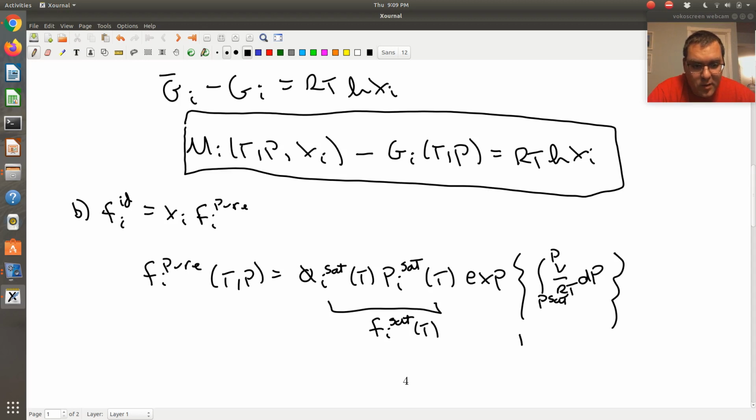This is my Poynting correction, and this is just f_i at T and P relative to f_i sat at the same T, okay.